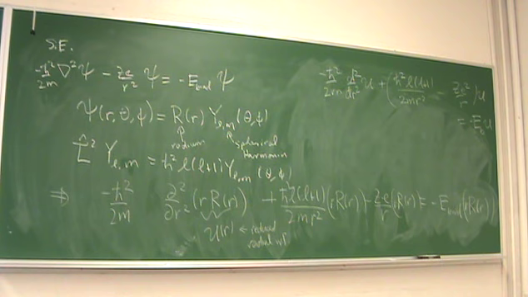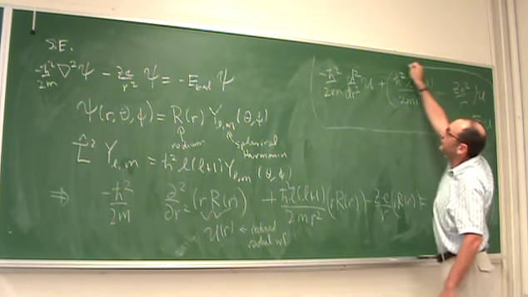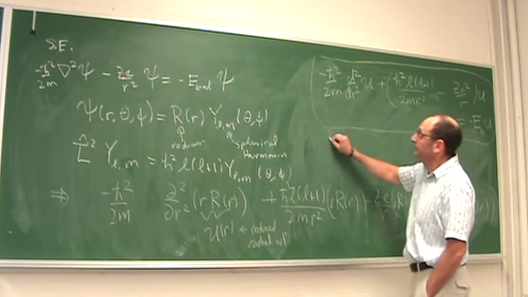So this is the radial equation that we need to solve the Schrödinger equation, and it is the equation for a particle moving on the half-line.